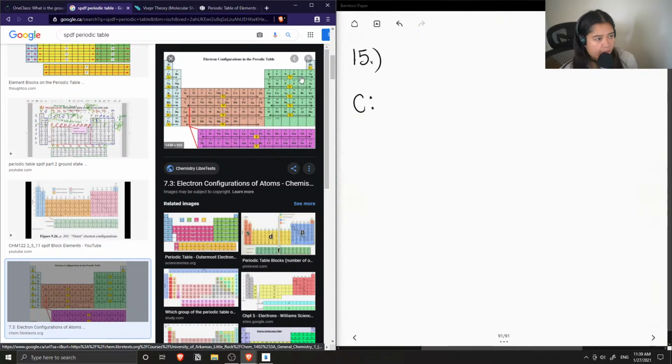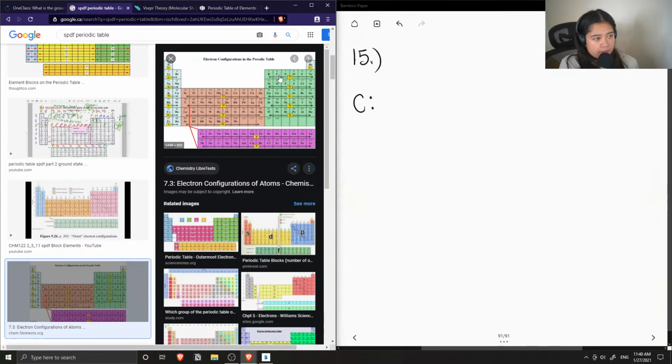And then starting from hydrogen, we move left to right across the periodic table until we get to our carbon atom. And then we write the row number followed by the block letter and also show how many electrons are in that orbital in the form of superscripts.